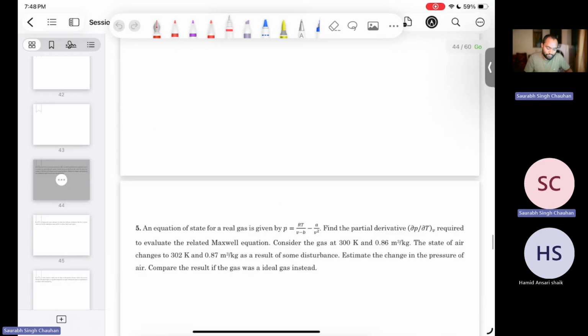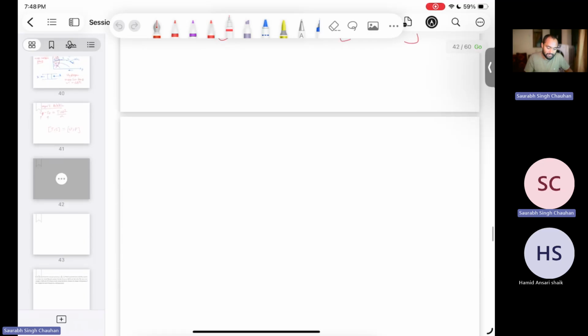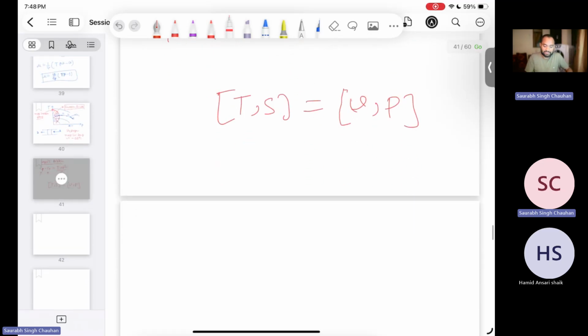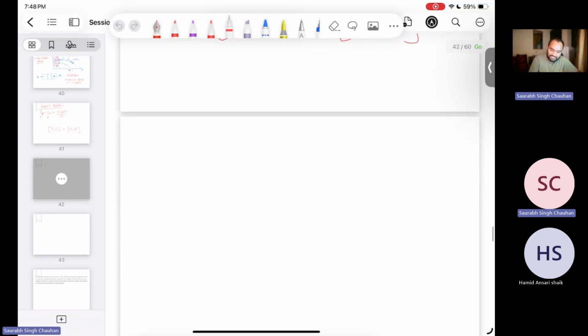We have a few more questions that we can try to solve, but one more important thing that we should discuss here is the Clapeyron equation. Do you have any doubt in Clapeyron that we can discuss? Otherwise, we will just write it. The Clapeyron equation is used for the phase diagram.